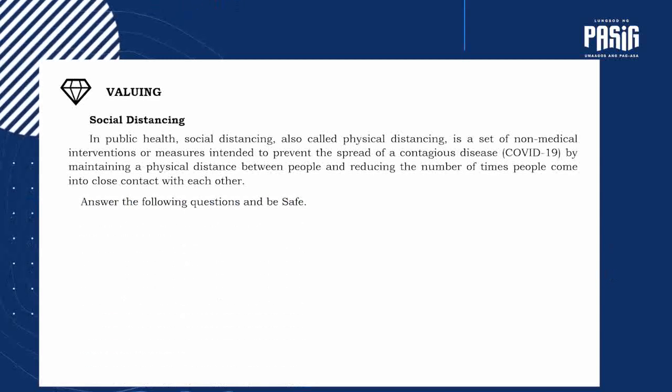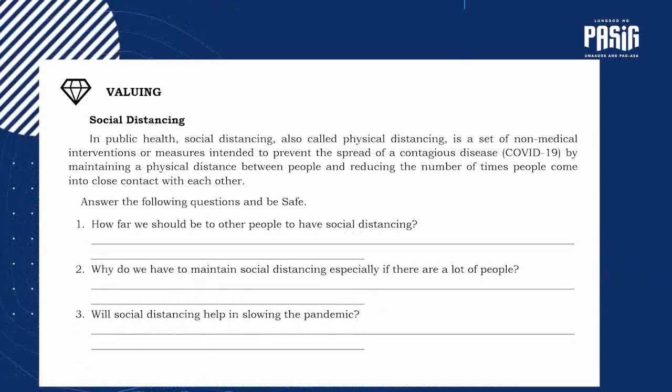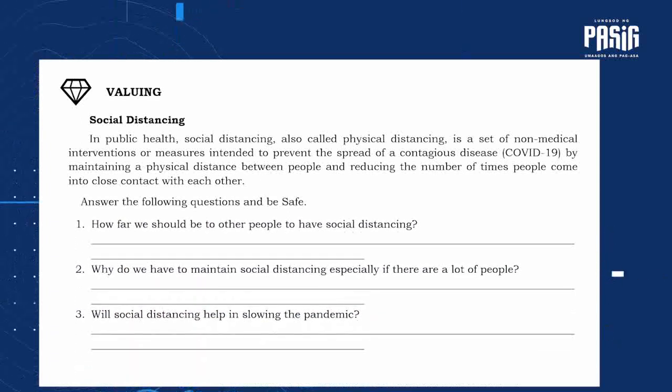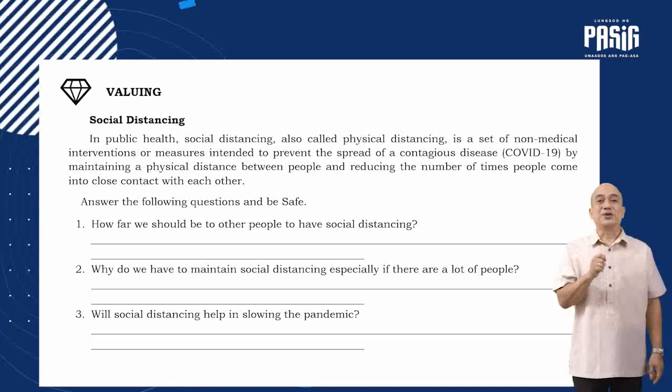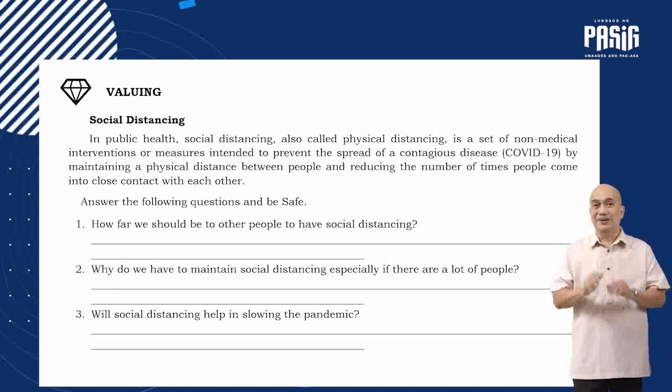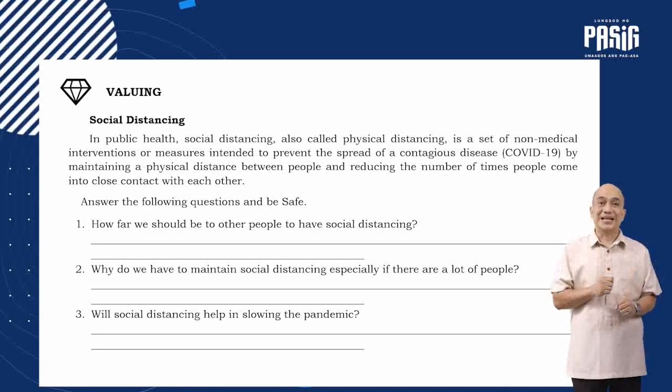So answer the following questions and be safe. Number 1, how far should we be from other people to have social distancing? Number 2, why do we have to maintain social distancing, especially if there are a lot of people? And number 3, will social distancing help in slowing this pandemic?